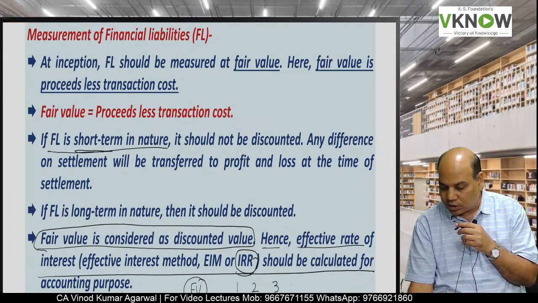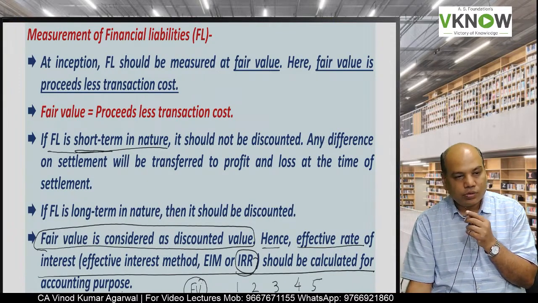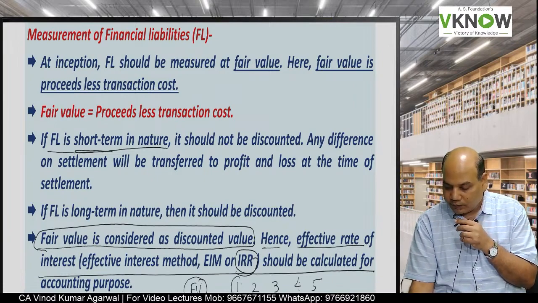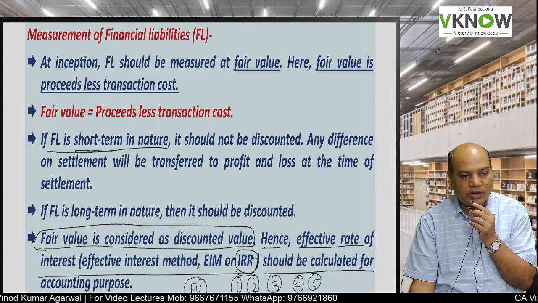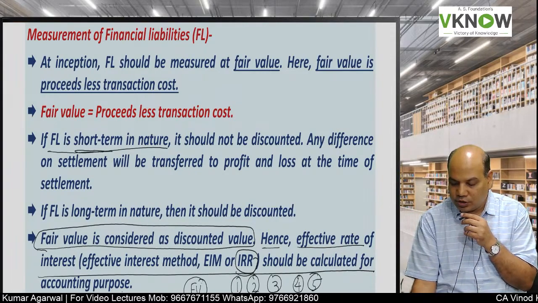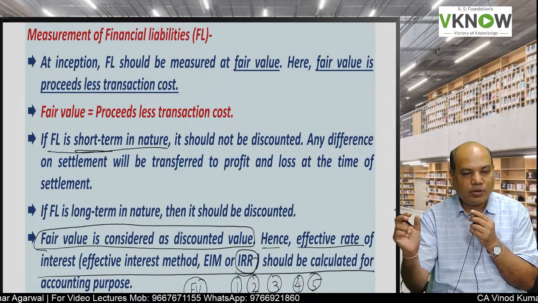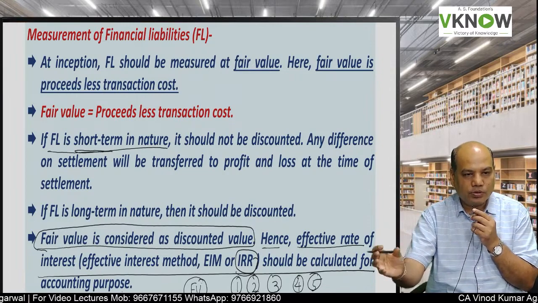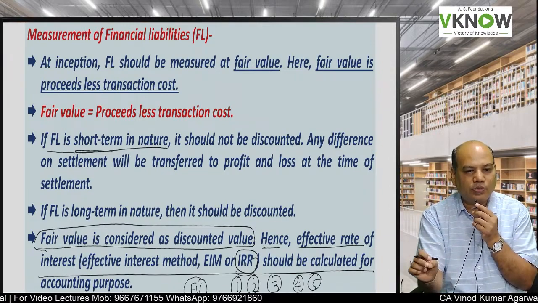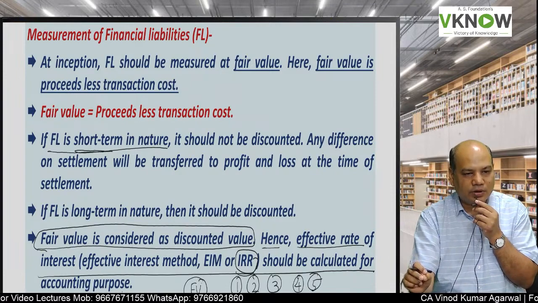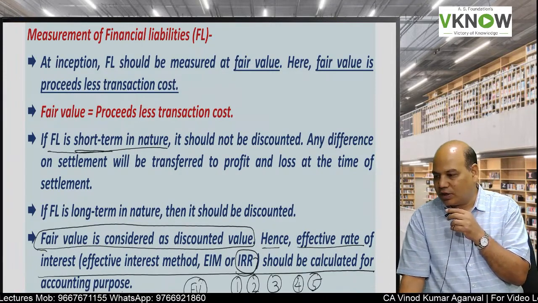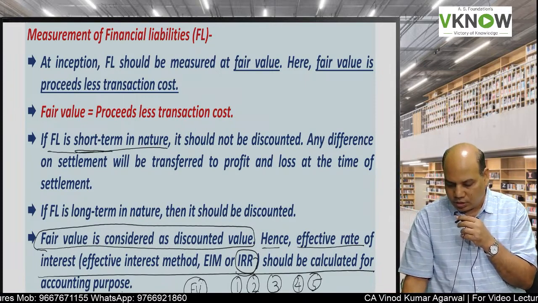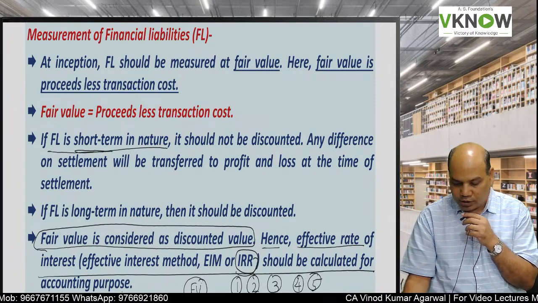So you will calculate fair value in the beginning. You will see what are the cash flows you have to make over a period of time. Find out that discount rate at which the present value of the future cash flow is equal to the fair value today, and that discount rate is called EIR or IRR, effective interest rate or internal rate of return.